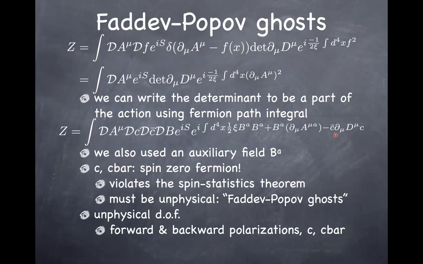The basic premise of all this discussion was to try to get rid of unphysical degrees of freedom and so to make sure that we make sense of the theory. But instead of getting rid of them, it looks like we have actually made the problem worse by introducing more unphysical degrees of freedom. But it turns out that this is exactly what we wanted, because having introduced two more unphysical degrees of freedom, C and C bar, these bad things cancel against each other.